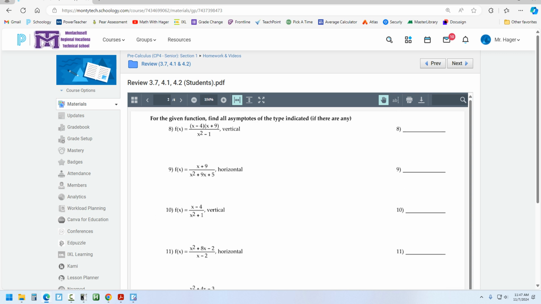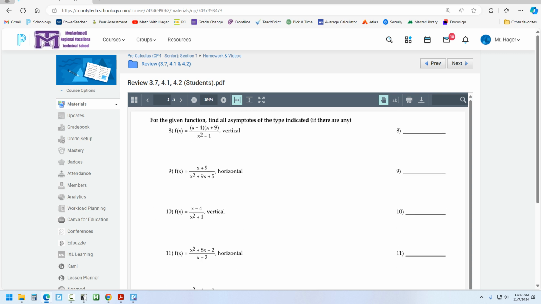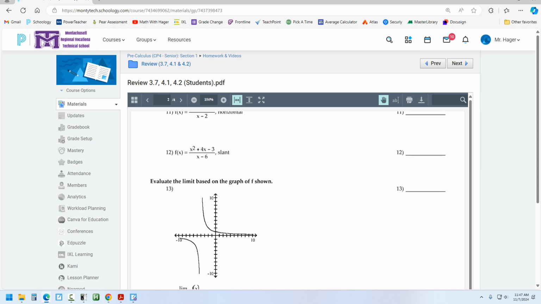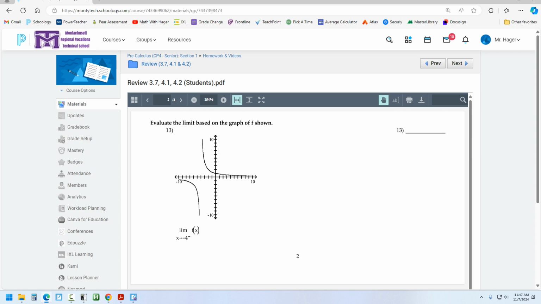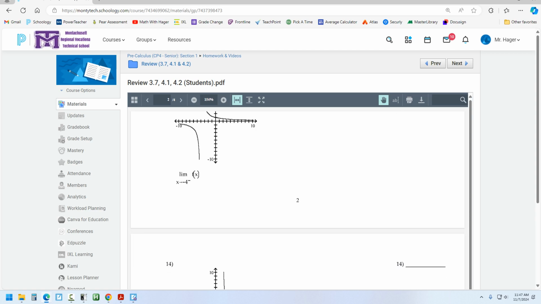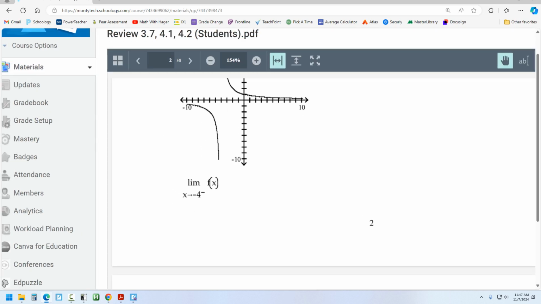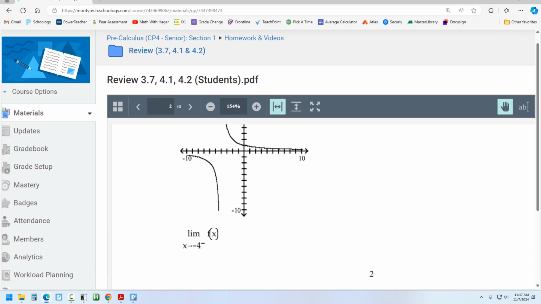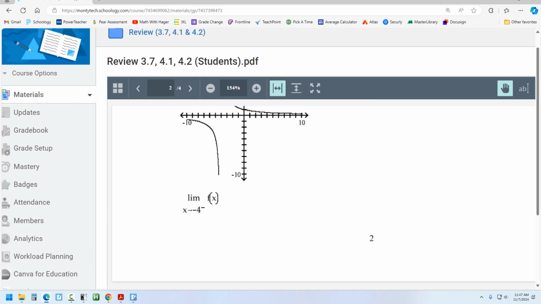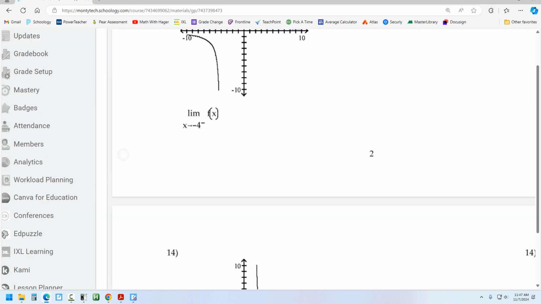That's why I made all the numerators pretty easy to factor, and some I even factored for you. Evaluate the limit. That just means tell me what happens as you get close to -4 from the negative side. That's the notation. As you approach -4 from the left, from the negative side. So I got that one.